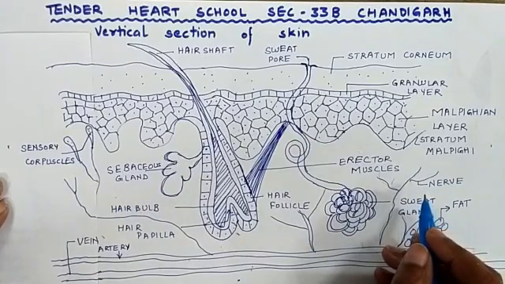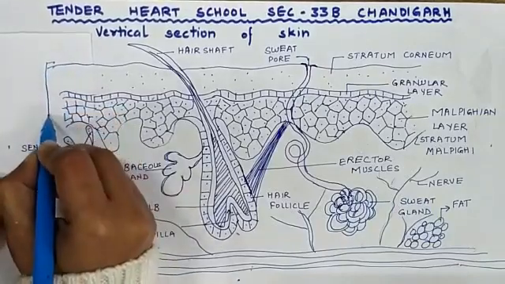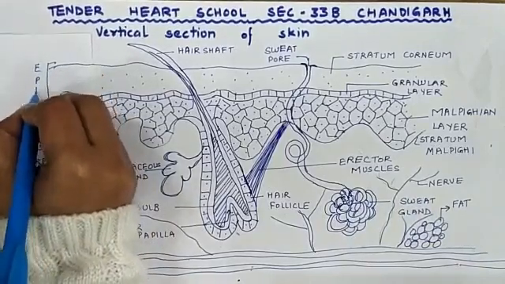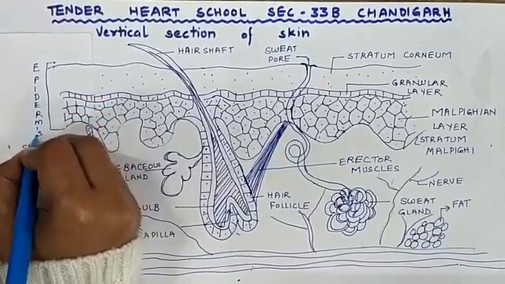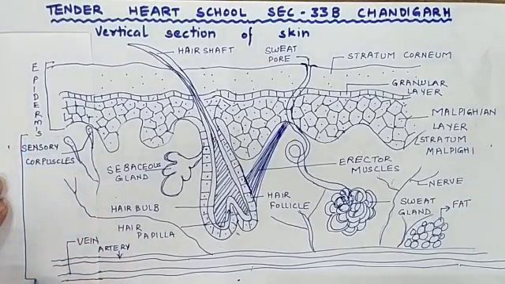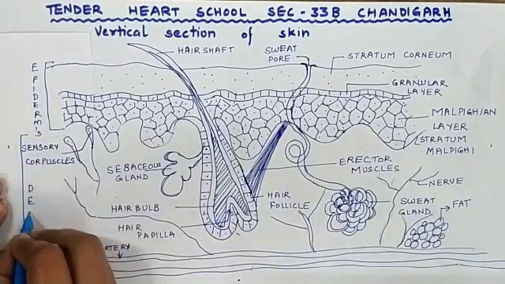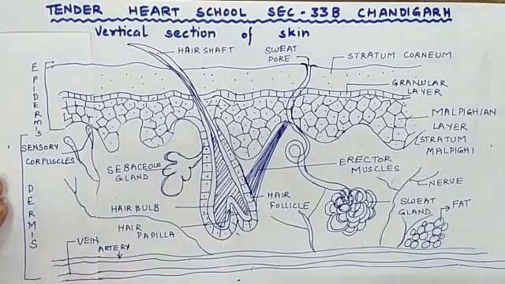So lastly, these three parts are what is forming the epidermis of the skin. And inner to the epidermis, this whole thing, whatever we have drawn, are the parts of dermis. So this is all about, children, the vertical section of skin. Thank you.